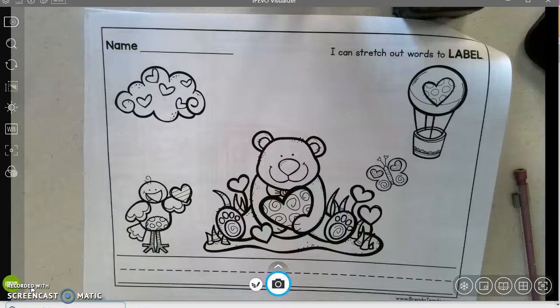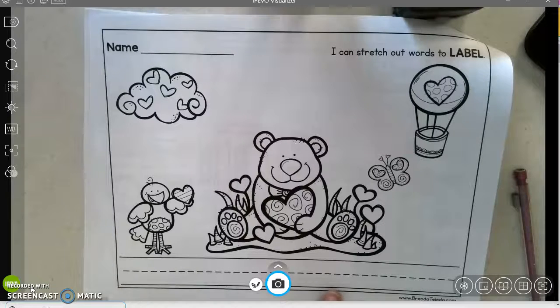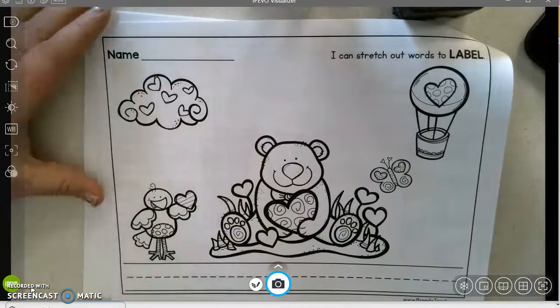So today, I'm giving you a picture, and I want you to label as many things as you can in this picture, and then we're going to write a sentence down at the bottom. Your sentence can be different if you want to think of one. That would be okay. But the first thing that I want you to do is write your name on your paper.